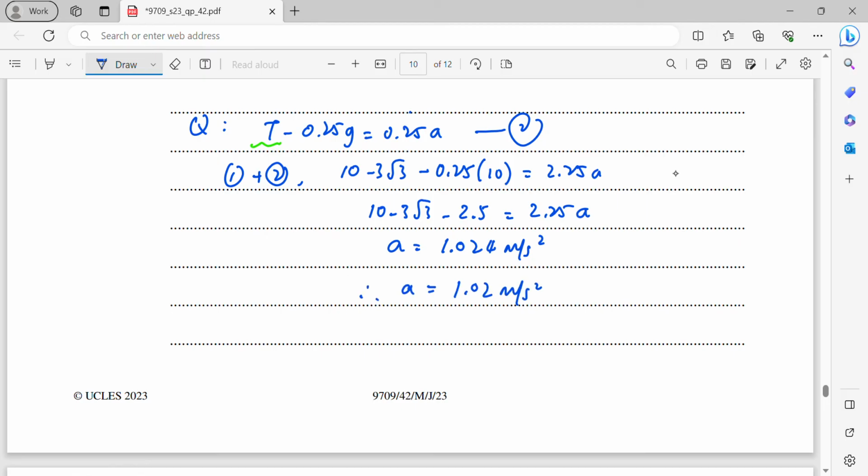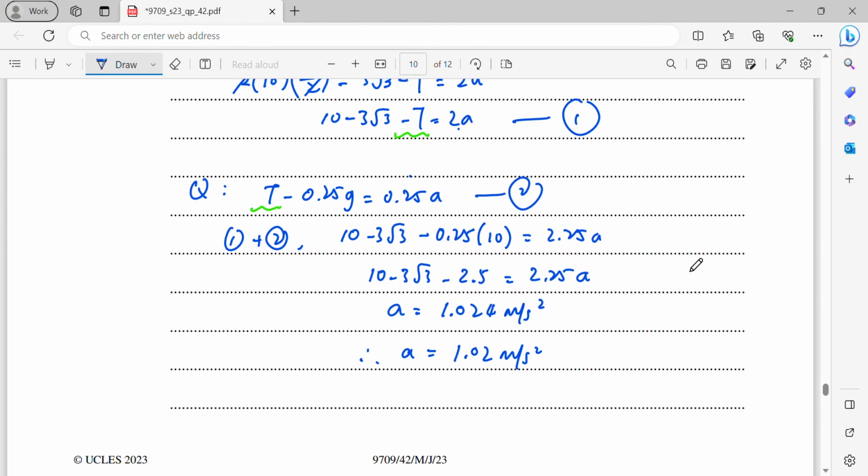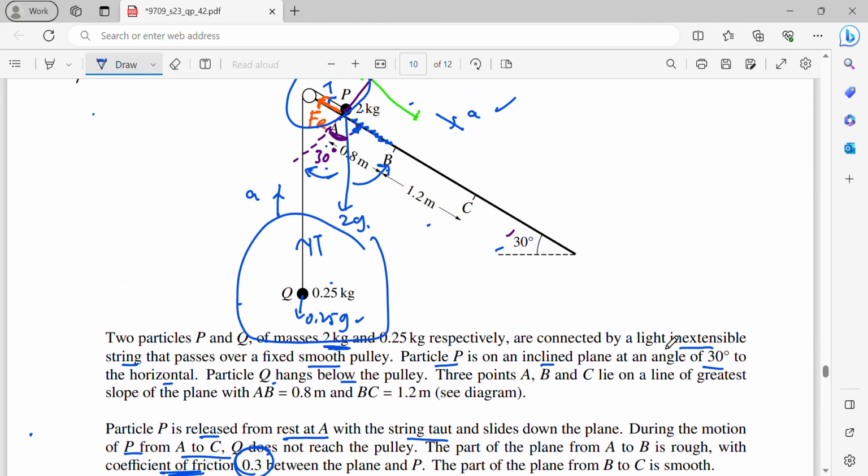That is our A, acceleration. Okay, so remember this acceleration is just from A to B, because it is rough plane. So I would label here A to B. Okay, this is my A.